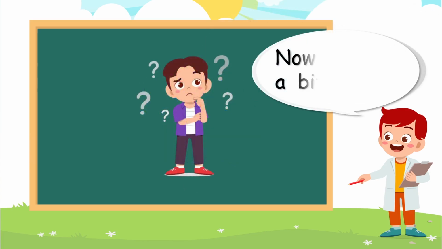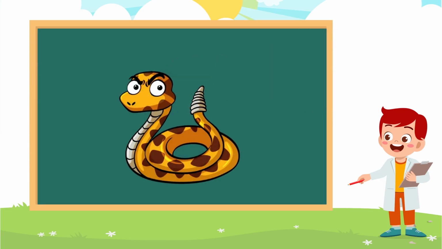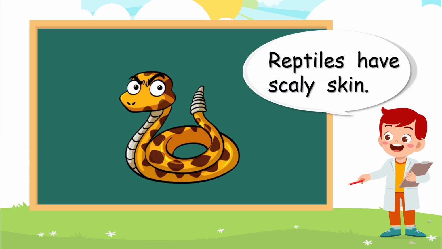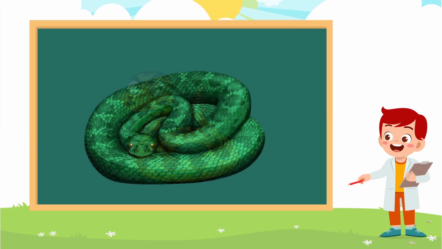Now it gets a bit tricky. Oh dear. Okay, well we know what it is. It's a snake. But they are reptiles. Reptiles have scaly skin. That's a good word. Scaly skin. Oh, now that's a bit scary, but we need to look carefully.